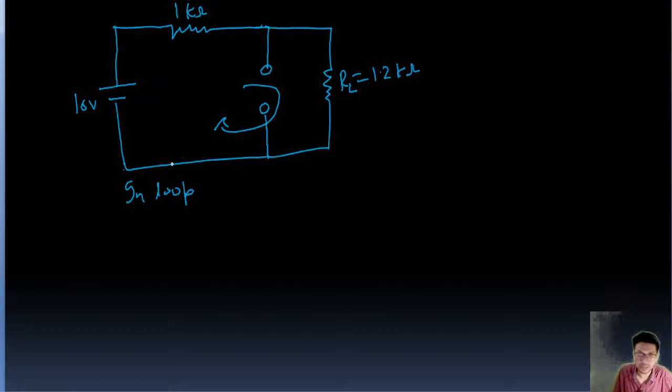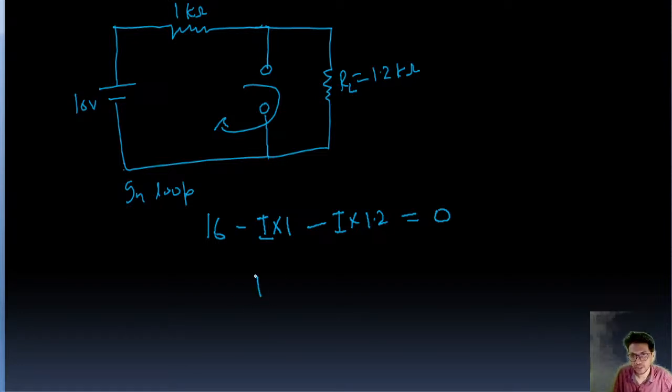So in the loop, KVL is going to be 16 minus, suppose the current is I, I into 1, and minus I into RL, which is 1.2, equal to 0.